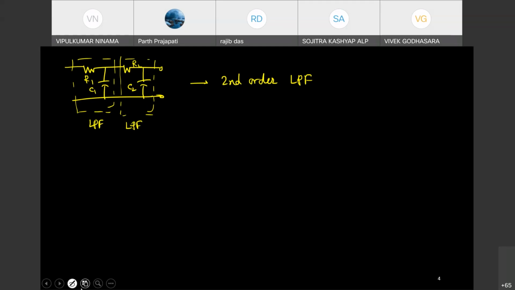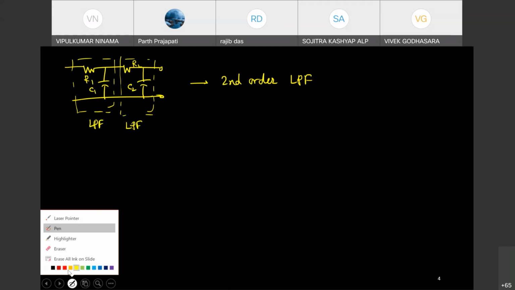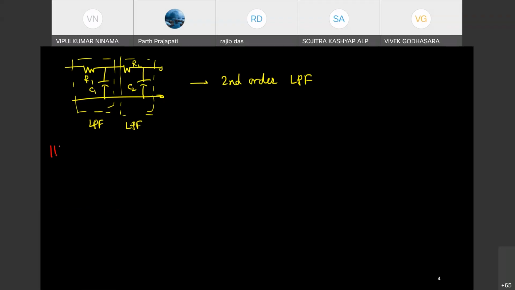Now, for the high pass filter, you know that it will be just opposite. One capacitor and one resistor. This is a C, so this is 1 upon Cs, I'll consider. This is your V_i(s), this is V_0(s).